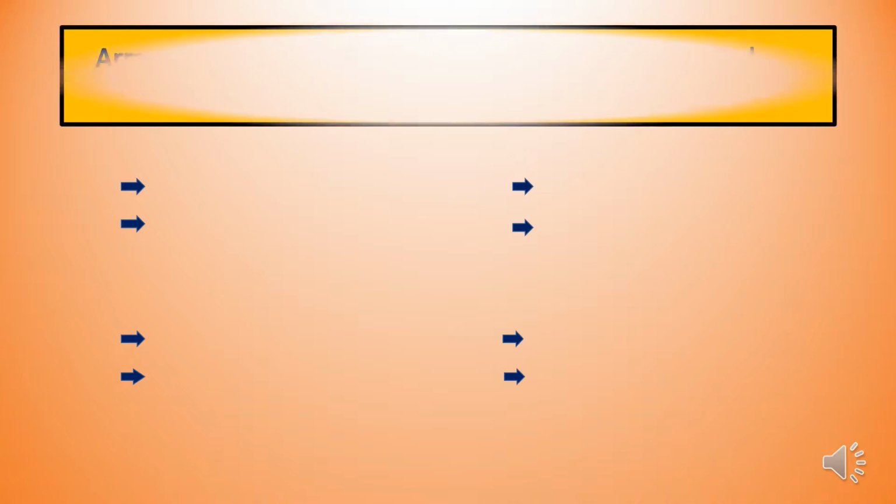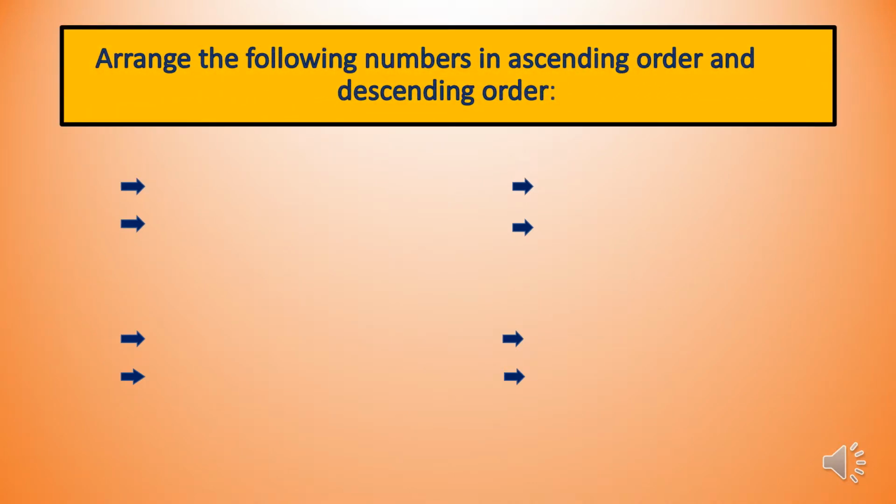Here are a few examples of how to write the numbers in ascending and descending order. If you have understood the rules of finding out the bigger and smaller number, the ascending and descending order goes easy. So the first example here is 3456, 7249, 1254.